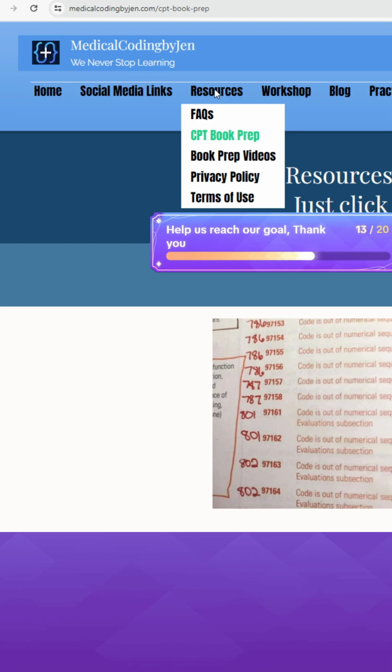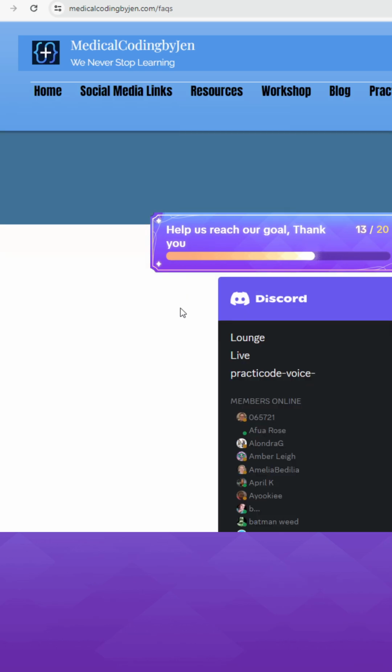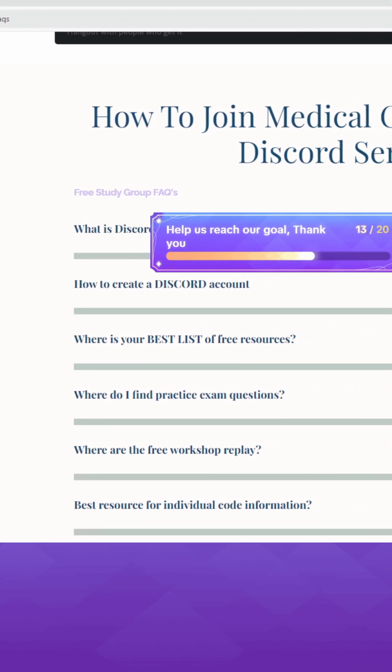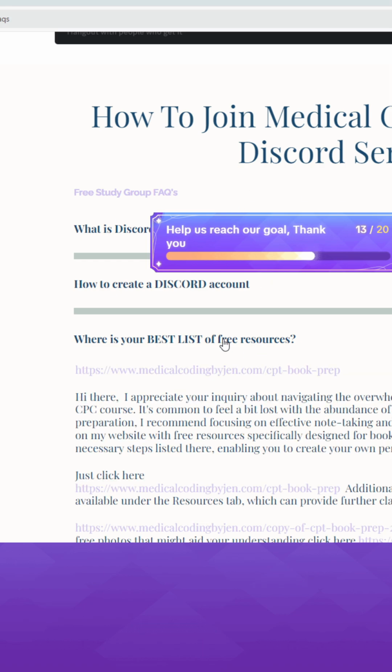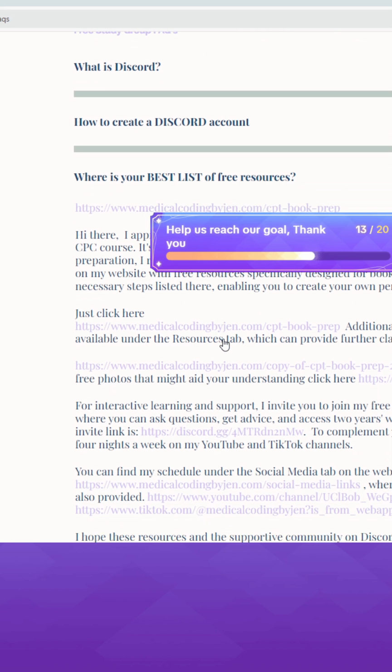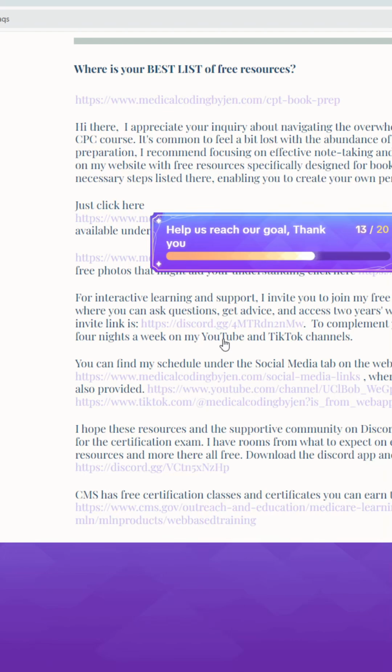Underneath the resources also is the FAQs page. If you go there and you scoochie down to my best list right there, this best list of free resources is super cool because it will show you free certification classes that you can take with like CMS.